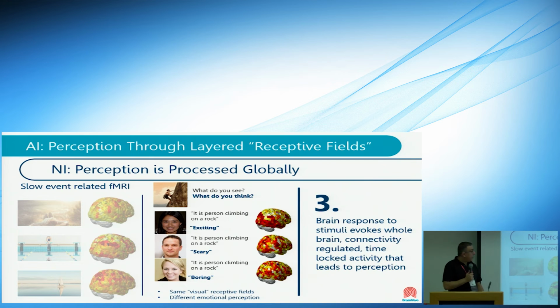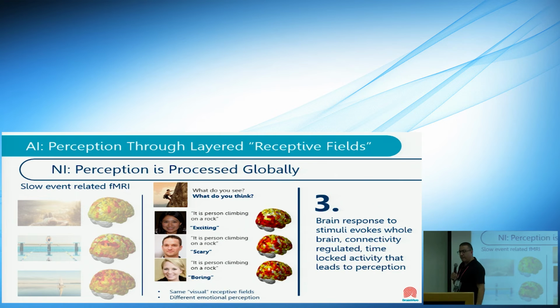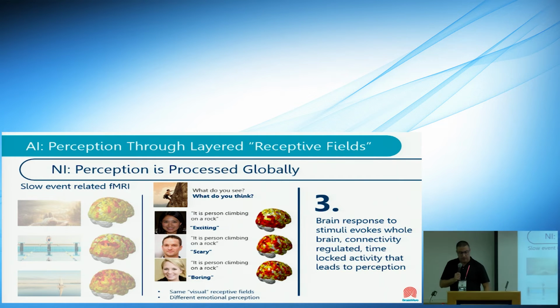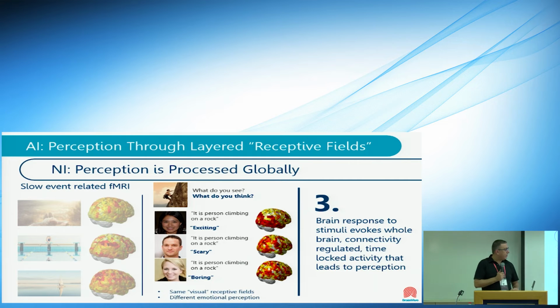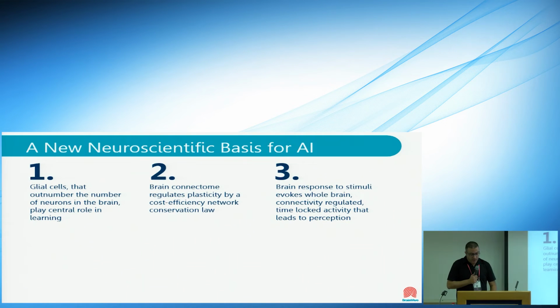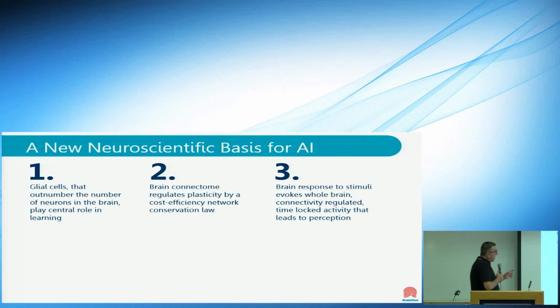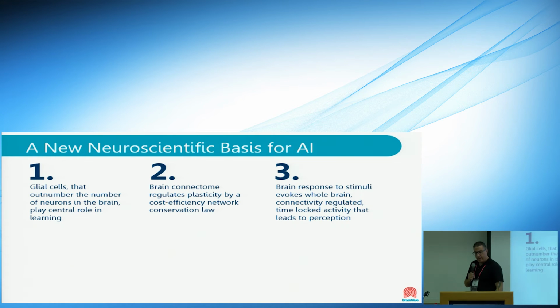So brain response to stimuli evokes whole brain connectivity regulated and time-locked activity that leads to eventual perception. It's not a completely different concept from receptive field, you just put it on a different scale. So can we use these concepts in order to build an AI machine, or brain-inspired AI machine?